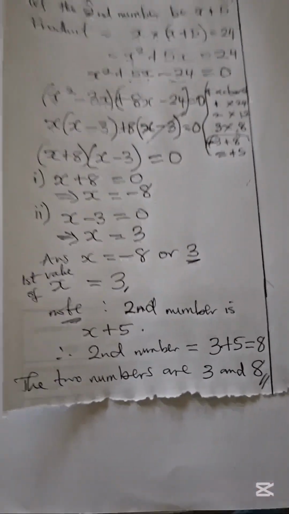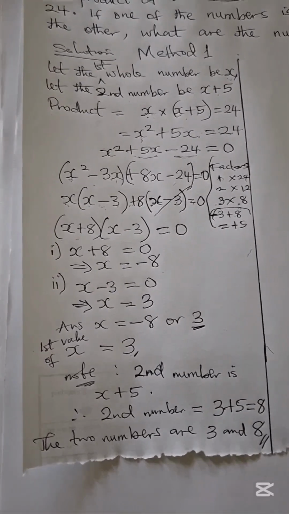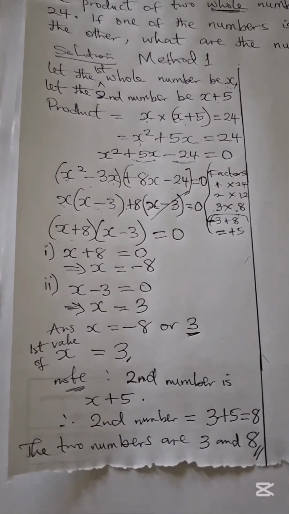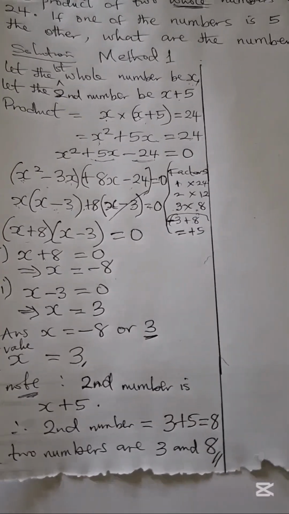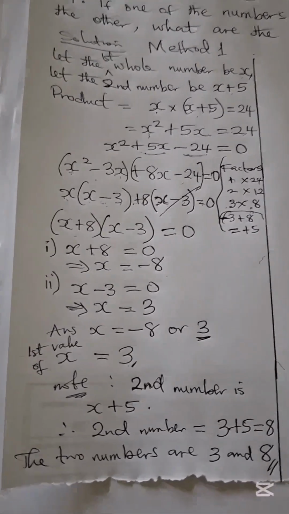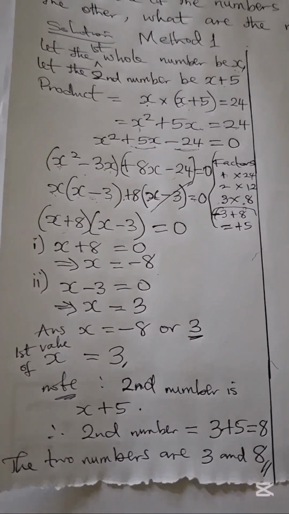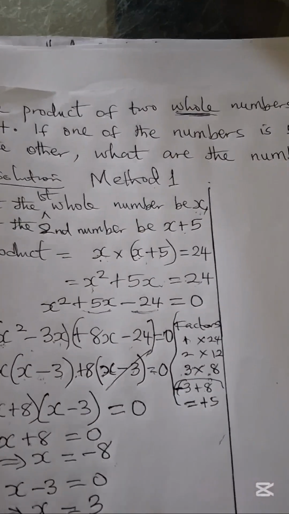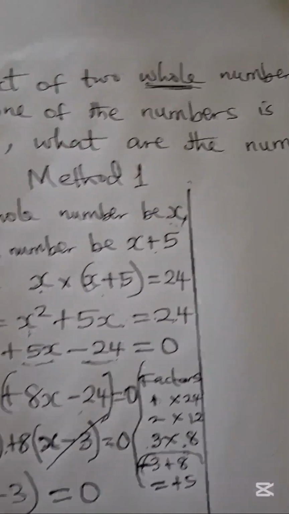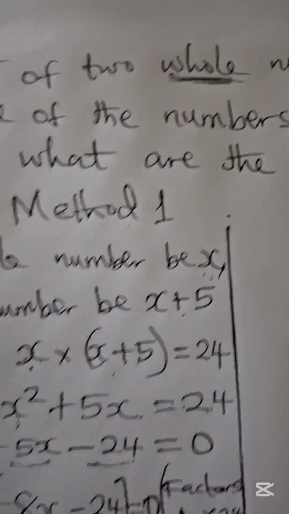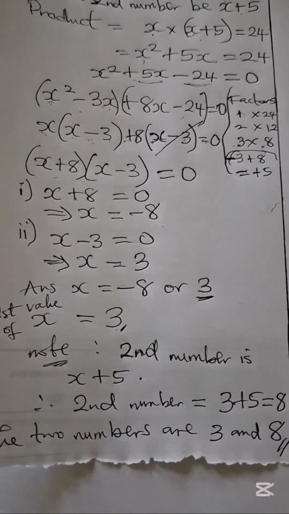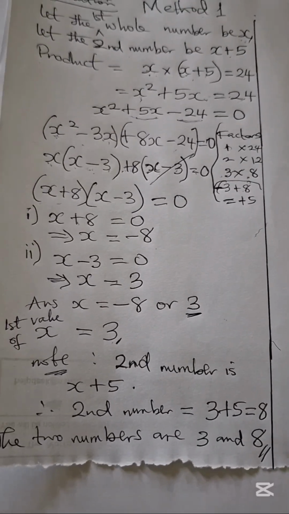Okay, I hope you understood the process. Remember, we had to take whole numbers. Solving the quadratic equation gave us -8 or 3, but the question needed whole numbers, so we had to take the first whole number that came out, which is 3.